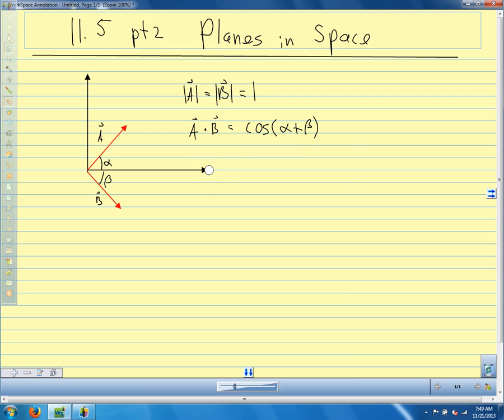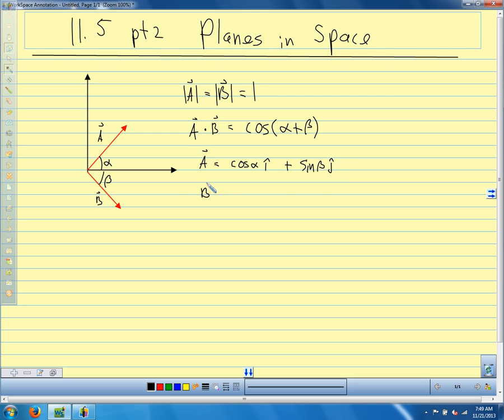And then with our components, we'll write another expression for the dot product. So the components of A is the magnitude of A times cosine alpha i plus the magnitude of A times the sine of beta j.